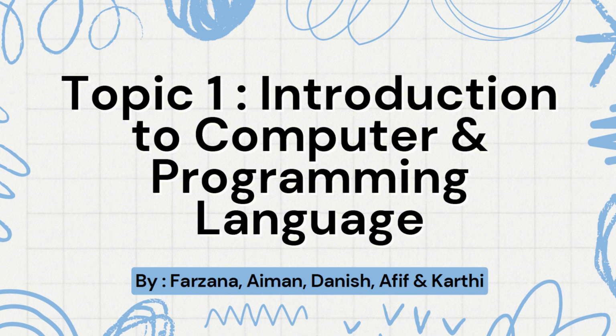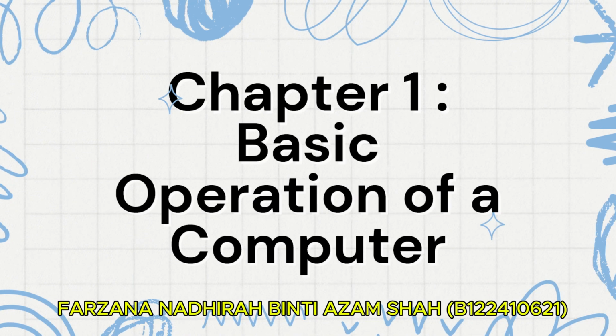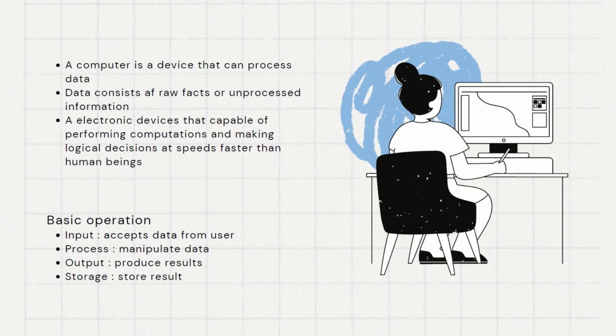I'm Farzana. I would like to present chapter 1, which is about the basic operations of a computer. As you all know, a computer is a device that can process data. Data contains raw facts or unprocessed information.